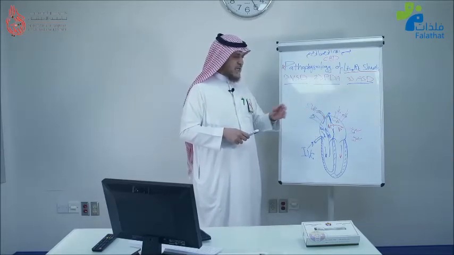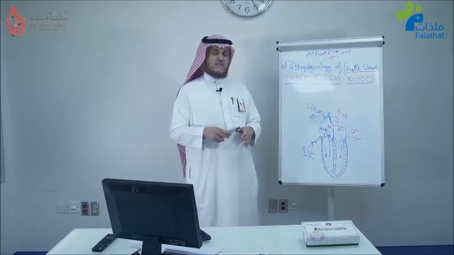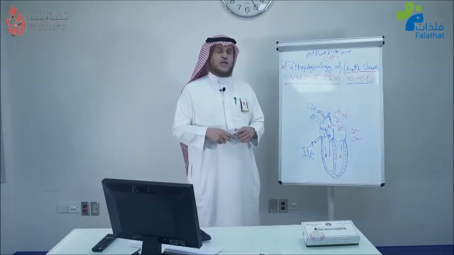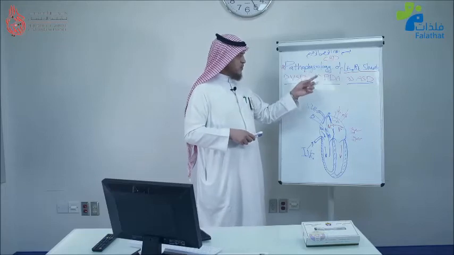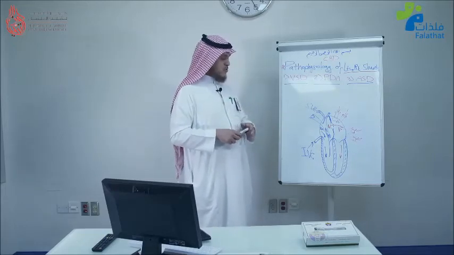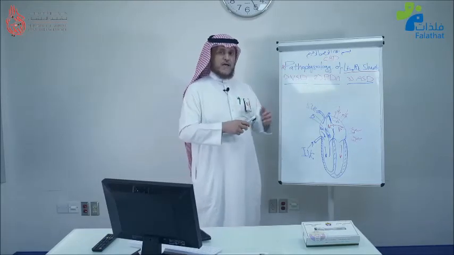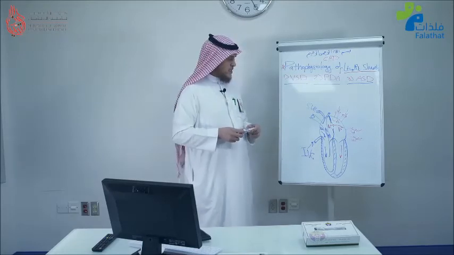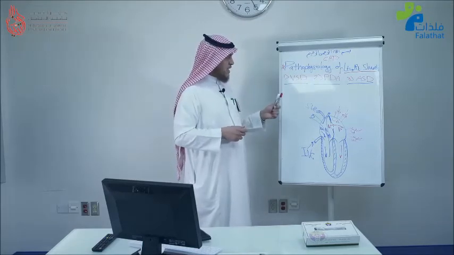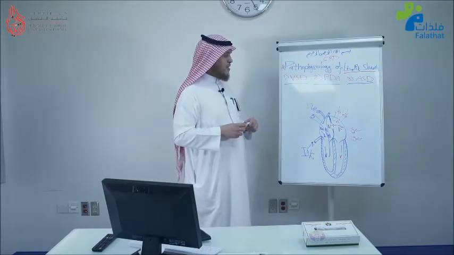We have to close ASDs that are large enough at a certain age, and we have to close the VSDs and the PDAs that remain, at the age, weight, and time that's indicated. By this, I finish ASD pathophysiology.